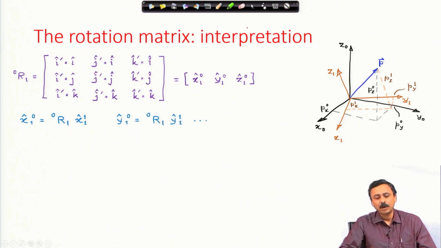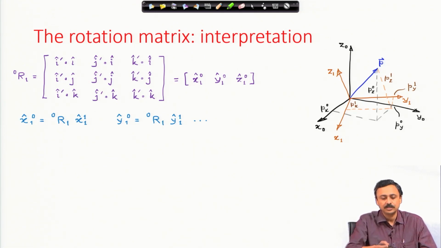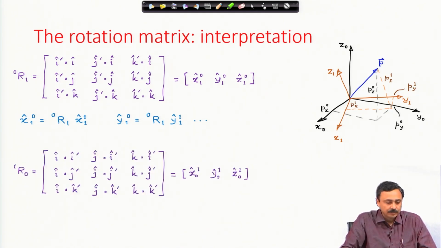Similarly, y 1's representation in frame 0 is obtained by multiplying R 1 to 0 with y 1 in frame 1, which means the representation of y 1 in x 1 y 1 z 1, which will be 0 1 0. That means it will filter out the second column, and so on.